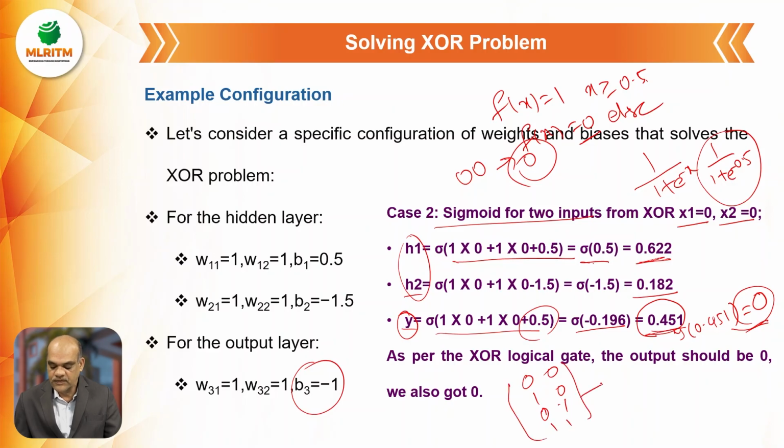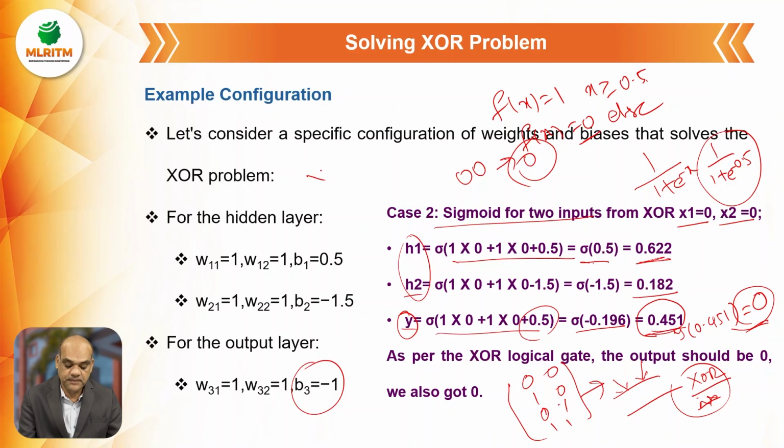Four combinations of inputs we are going to produce, and let us check whether the actual value and predicted value are the same or not. If both are the same, we can solve the problem of XOR as well as XNOR. In the same manner, we are going to calculate the problem of XNOR.